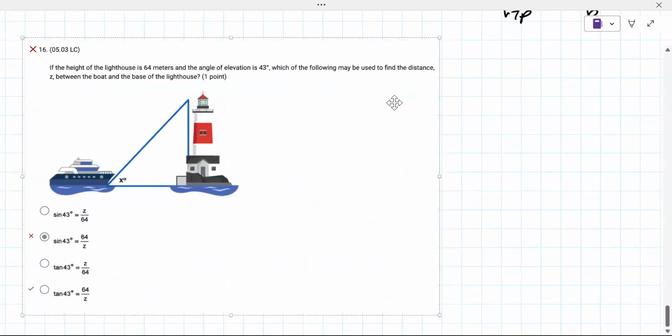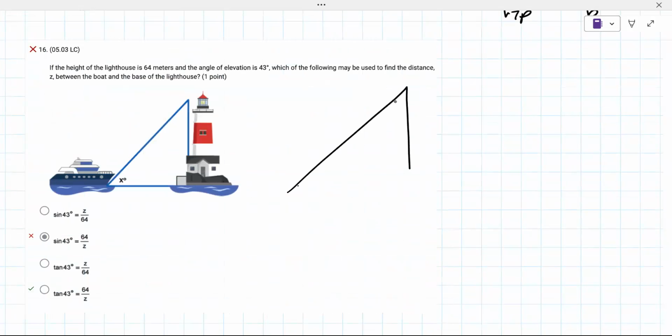All right, yeah, they really jump right in with this. Sometimes it's better to just draw a triangle without all the pictures going on. It's great that there's a tugboat or a boat, whatever. But the height of the lighthouse is 64 meters, that's this one right here, and the angle is given as 43 degrees.